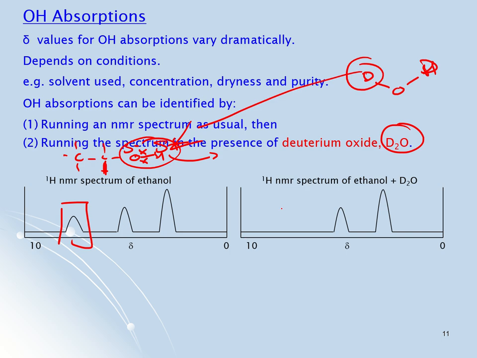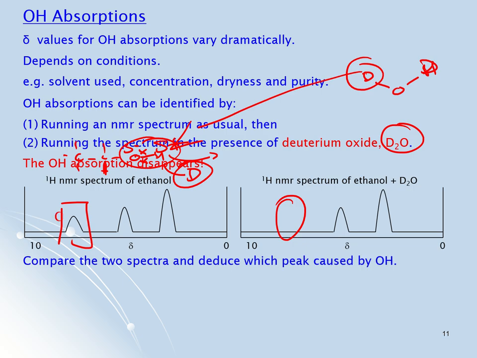So what happens then is that OH peak disappears, for the simple reason that the hydrogen on the ethanol gets swapped with the deuterium atom, which, remember from earlier, has an even number of particles in the nucleus, and because of that it doesn't give a signal. So if chemists are unsure if there's an OH group present or not, they will add some deuterium oxide to it and run the trace again. If the peak disappears, then that peak was because of the presence of an OH.